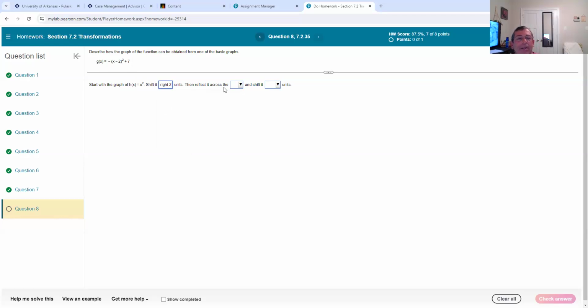And then it says reflected across. Well, all that negative in front does the reflection. And there's only one axis we're reflecting across in this chapter, and that's the x-axis. So you cannot put y-axis on any of these answers because we're not reflecting anything over the y-axis, okay?